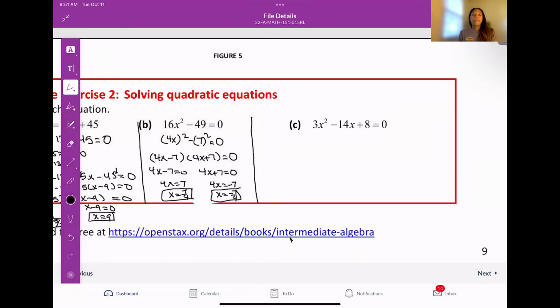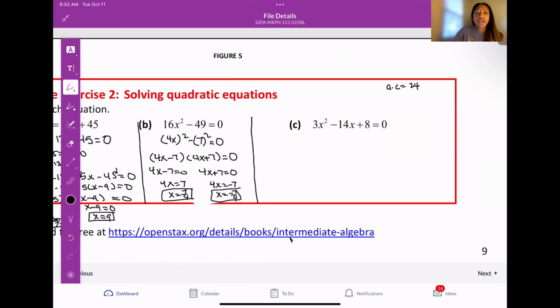All right, so for letter C, 3x squared minus 14x plus 8 equals 0. Again, here, we can't factor out the greatest common factor. This isn't a perfect square trinomial, so we can use the AC method. A times C in this case is 24.